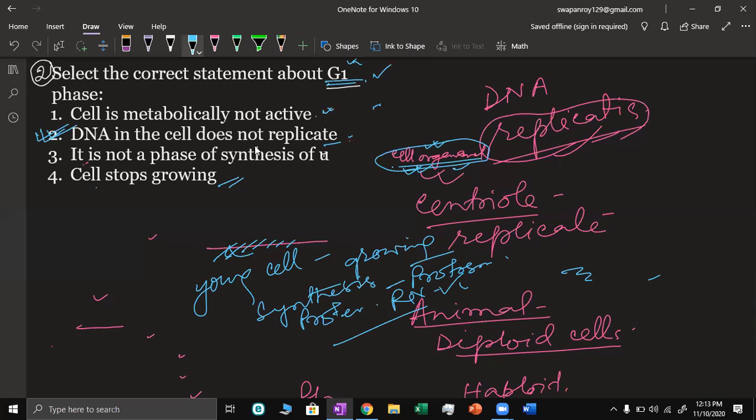The only thing is that it will not replicate the DNA, because it is still not decided whether it will go for further division. First it has to grow, so growing takes place during this phase. Does the cell stop growing? No, the cell continues to grow in terms of protoplasm synthesis. So our answer is that the DNA in the cell does not replicate in the G1 phase.